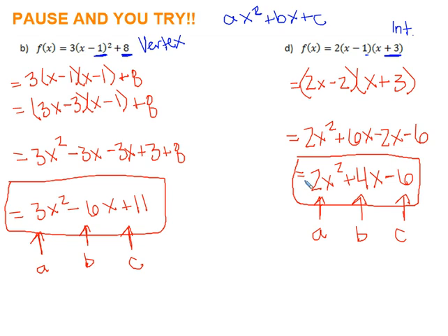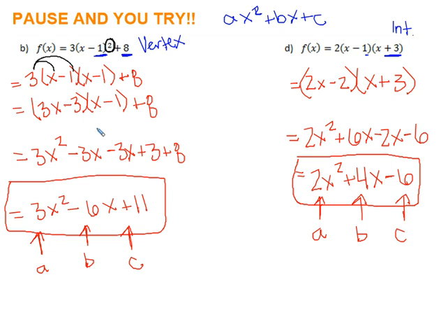All right, let's check out and see how you did. For letter B, since it was in vertex form, we really had to be careful with this power of 2. Remember that's telling us we have 2 identical sets of this x minus 1 in this case. So we can rewrite it as x minus 1 twice. Next we can distribute in the 3 just to the first group.